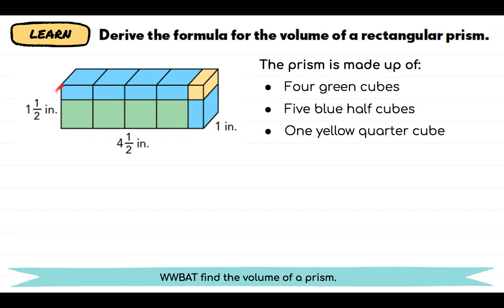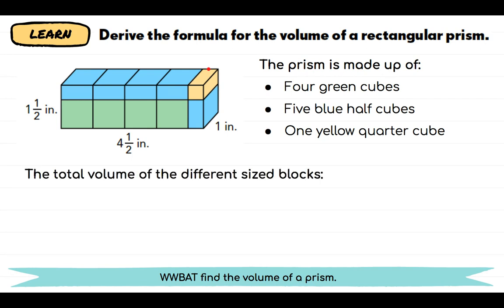And then we have half cubic inches because the measurement of the height is 1.5 inches. The measurement of the length is 4.5 inches. So there are 4 full cubic inches, and half cubes, and then we have a quarter cube right here.